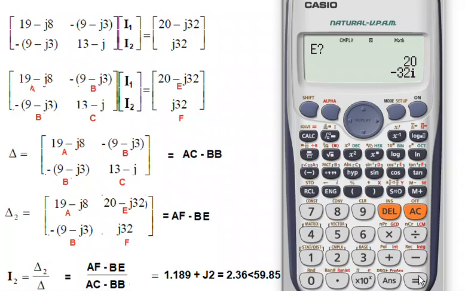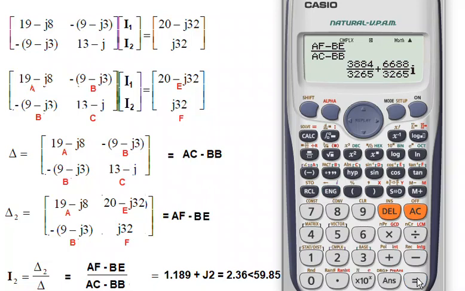Then it is asking for E. E is 20 minus J32. So 20 minus 32I. So E is done. Now C. C is 13 minus J. So 13 minus I, equal.